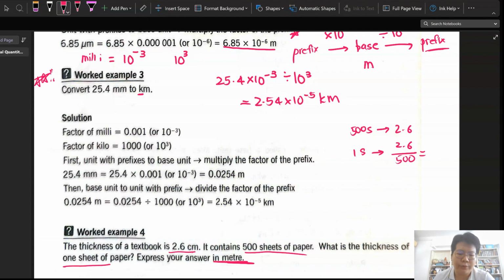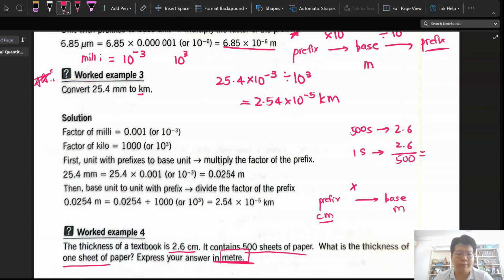The next step is to represent it in the form of meters. So we're converting a prefix into a base, which is meters, and the prefix that we have is cm. You have to think to yourself, from a prefix to a base, do we times or do we divide by the factor? If you have memorized it correctly, it should be times the factor. We have to determine what the factor is.